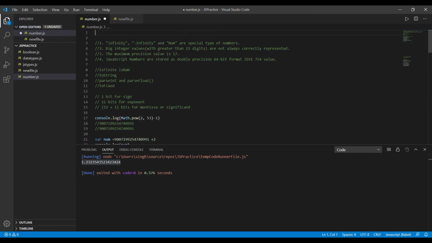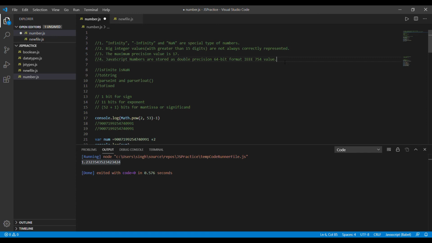Okay, so the next point is that JavaScript numbers are stored as double precision 64-bit format IEEE 754 values. We are going to discuss this point in a separate video session, where we will go through in detail how JavaScript internally converts a number to double precision 64-bit format, and we'll go through an example.